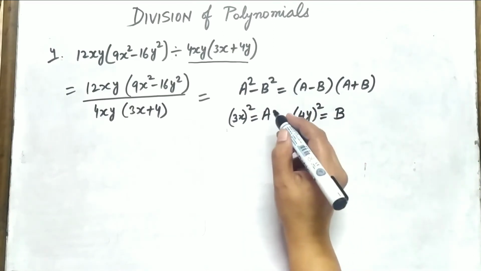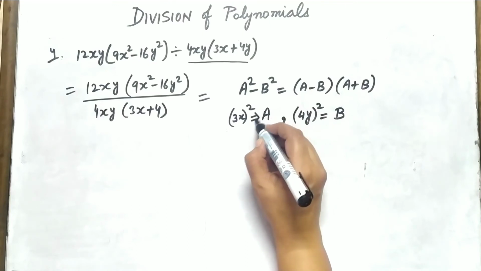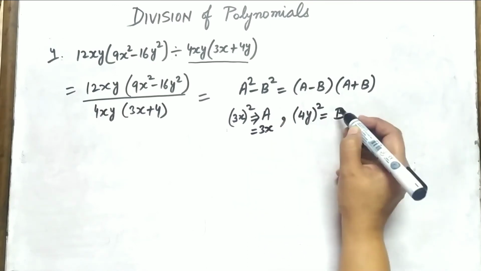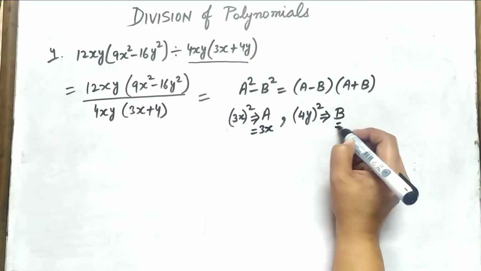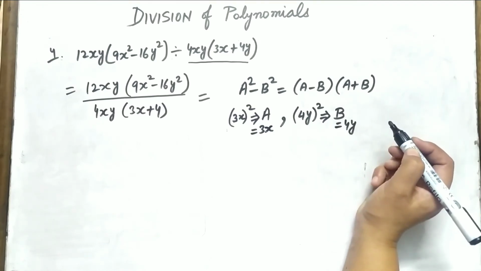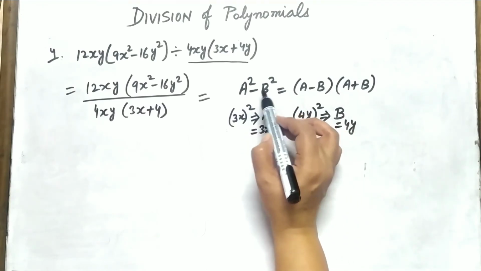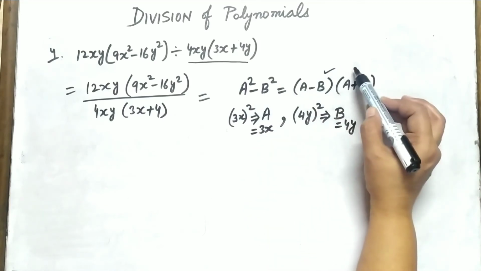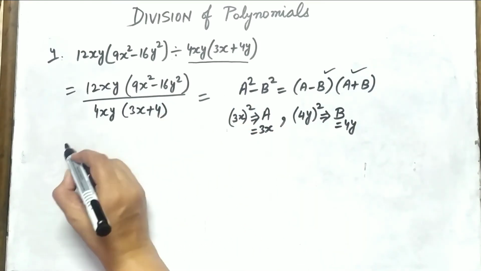We have a as 3x, b as 4y. So we have a and b. We can use these factors for this numerator term.